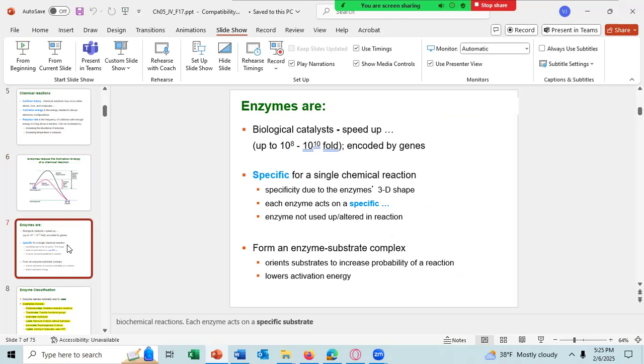Enzymes are specific for a single chemical reaction. This is a little bit of an oversimplification. And as you know, there are some drugs that can mimic an enzyme. And so we give this drug so that the enzyme isn't converting the true reactant to the product because we don't want the product.